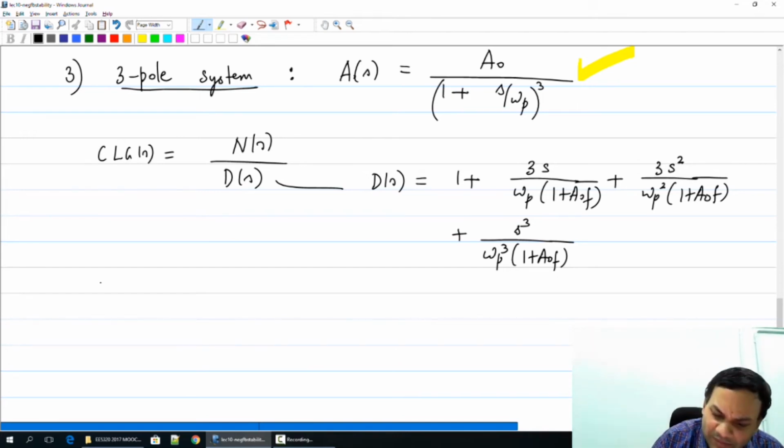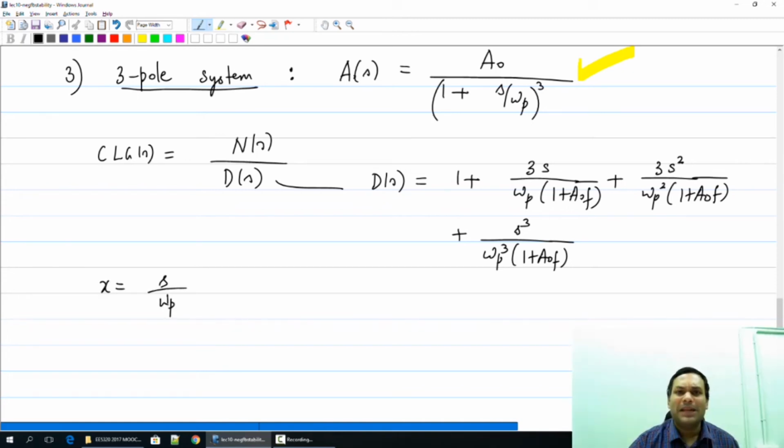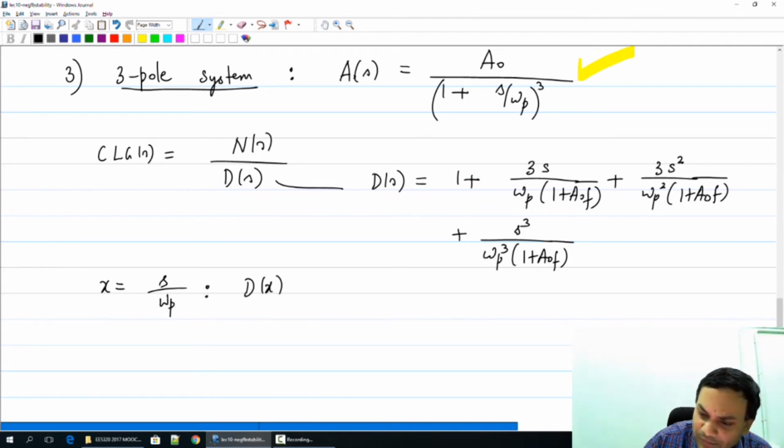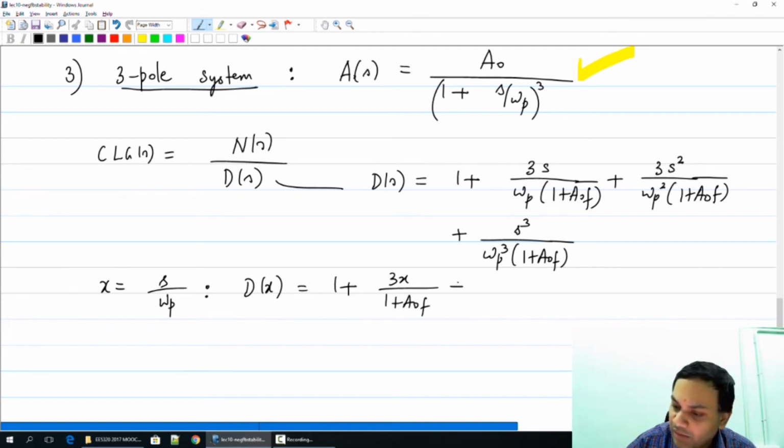So now I'm going to make a simple substitution. I'm going to say x is s by omega p, just to make my writing easier. So what I'm going to look at is d of x is 1 plus 3x by 1 plus A naught f, plus 3x squared by 1 plus A naught f, plus x cubed by 1 plus A naught f.